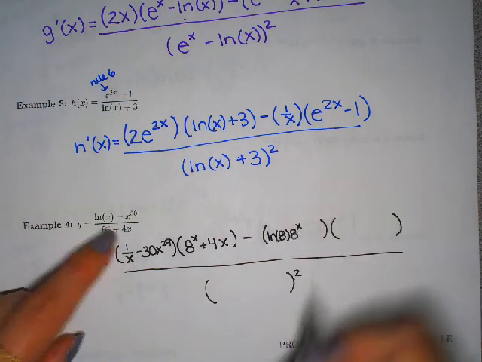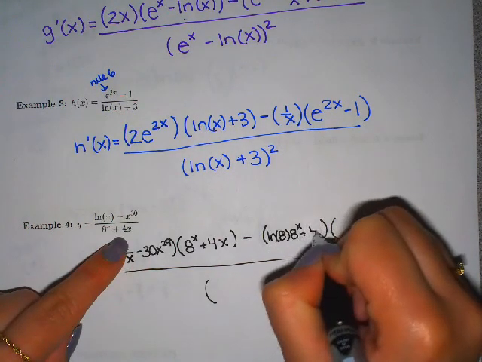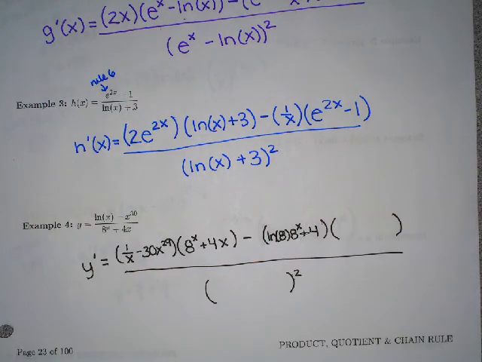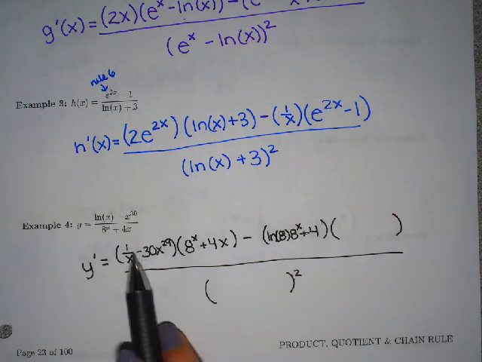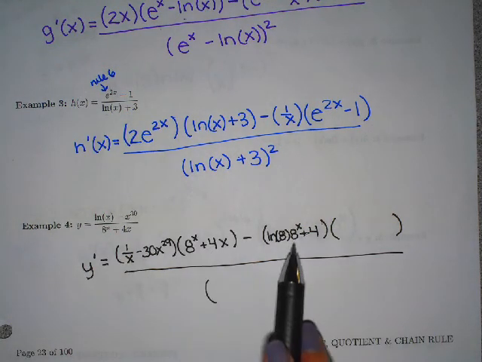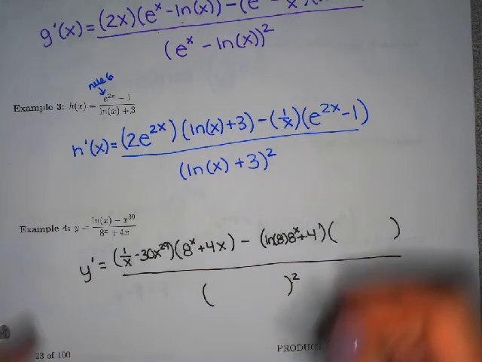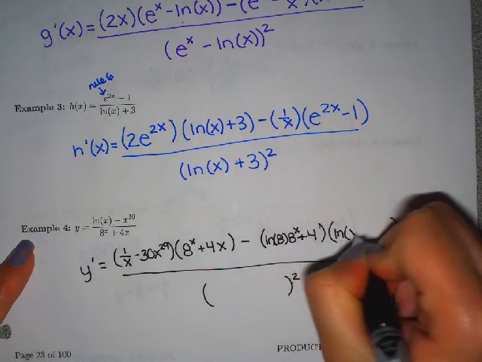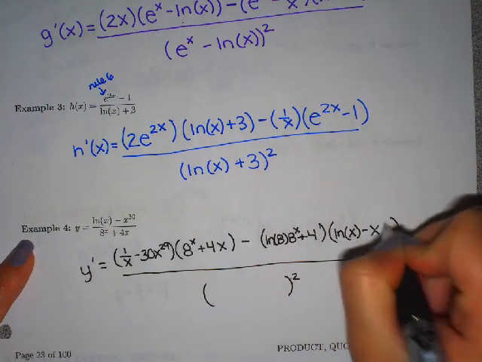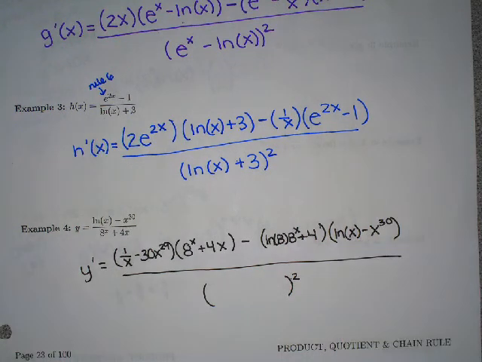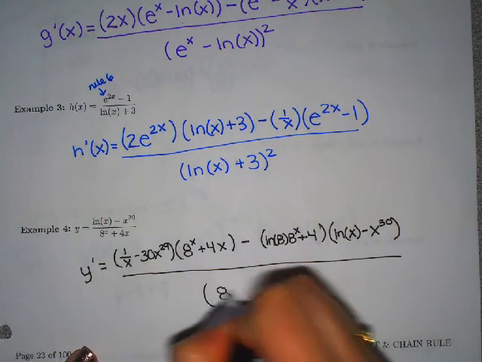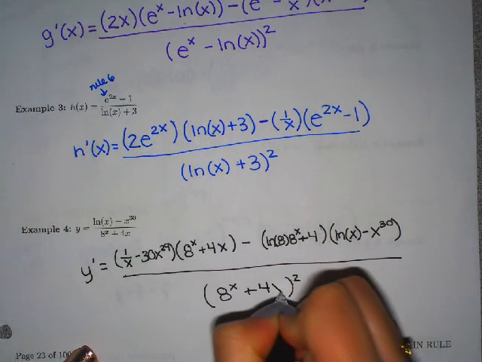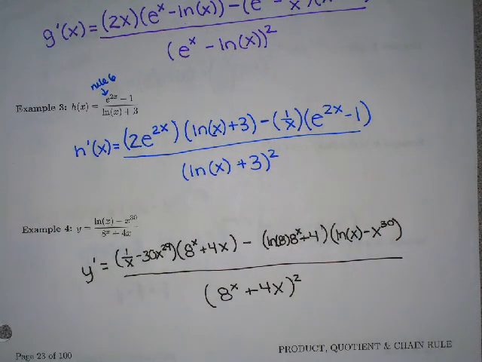Derivative of 8 to the x is ln of 8 times 8 to the x, plus the derivative of 4x, that was our mini rule, derivative of 4x is 4. Derivative of the top, original bottom, derivative of the bottom, original top. ln of x minus x to the 30. All over the original denominator is 8 to the x plus 4x squared.